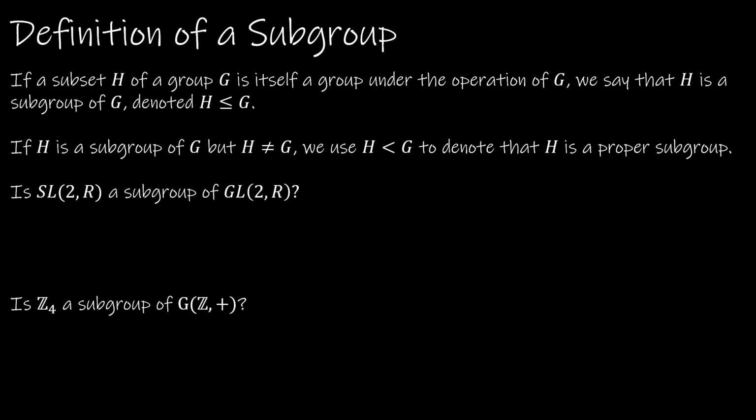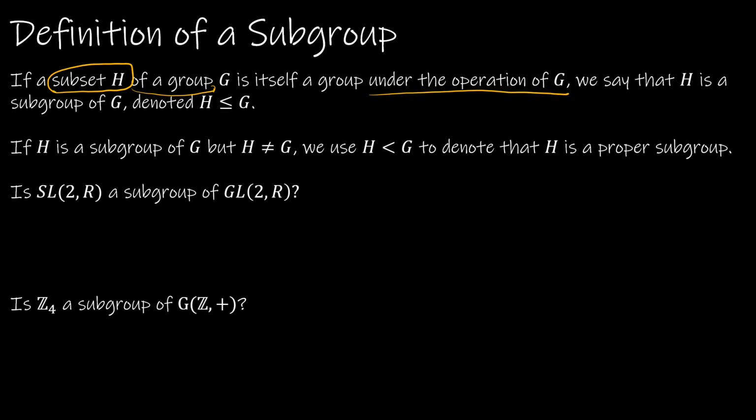So what is the definition of a subgroup? If a subset H, so recall subset means the only elements of H are elements of G, they have to come from G, is itself a group under the operation of G. So we have only elements of G, same operation of G, same identity of G, and so forth.